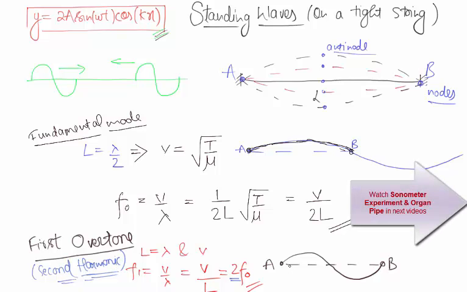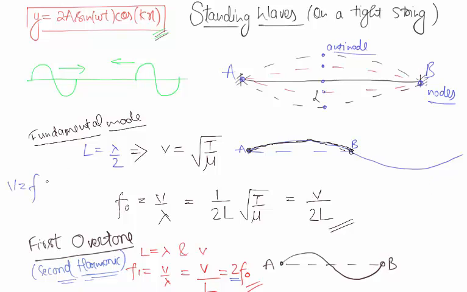We can do this again, and we can keep increasing the number of loops between A and B. As we increase the number of loops, we will see that the frequency keeps increasing, because v is always equal to f lambda for a wave.